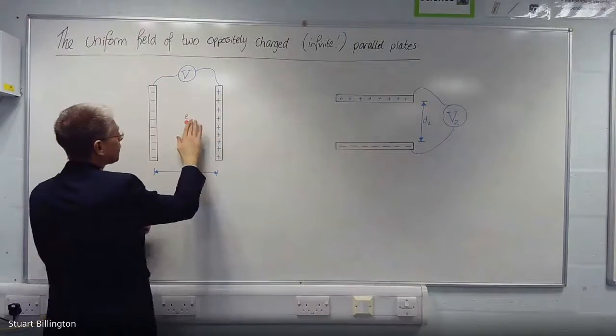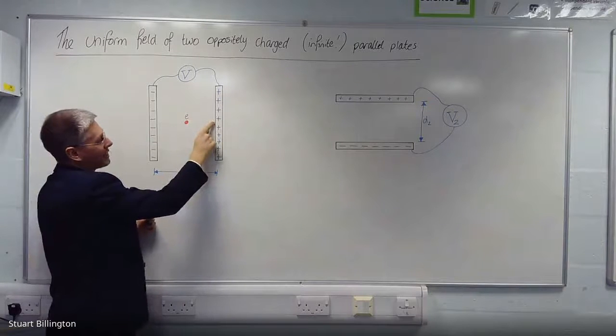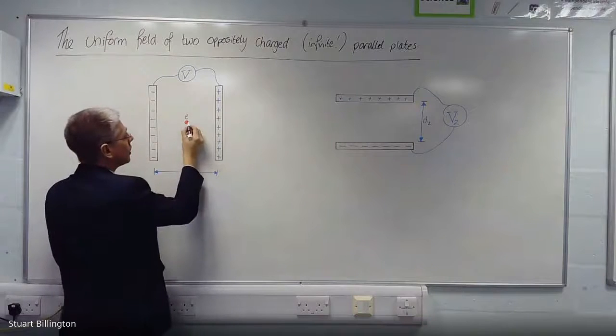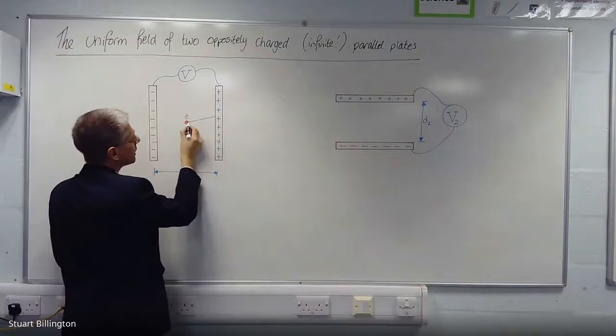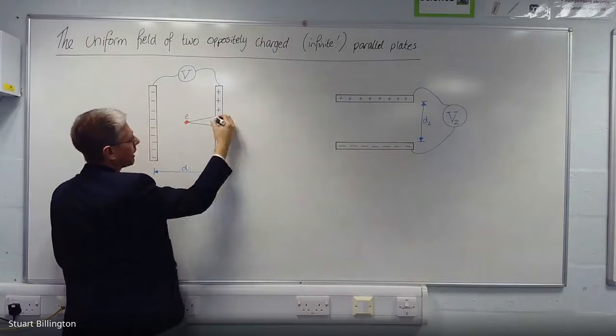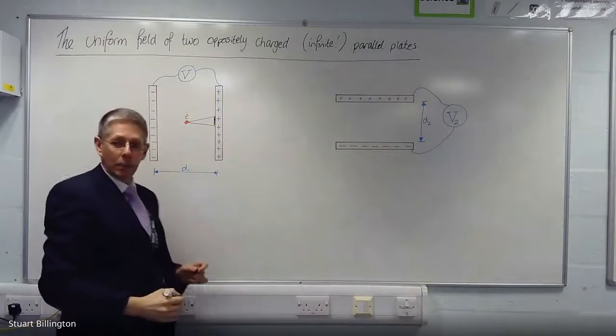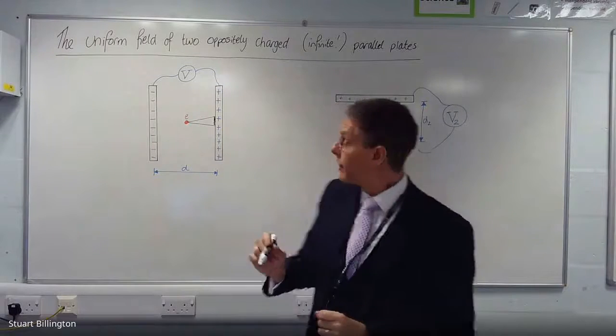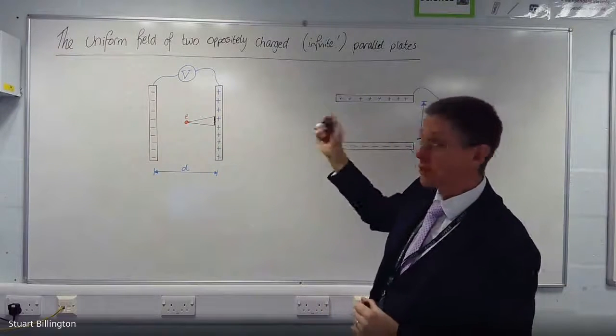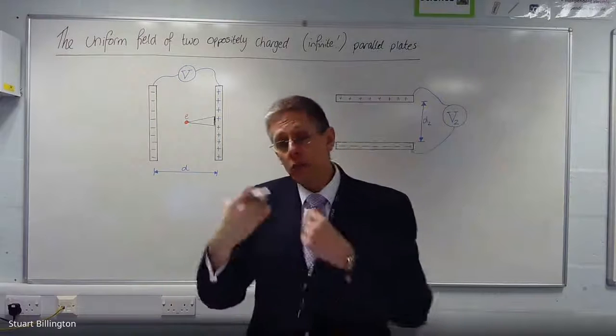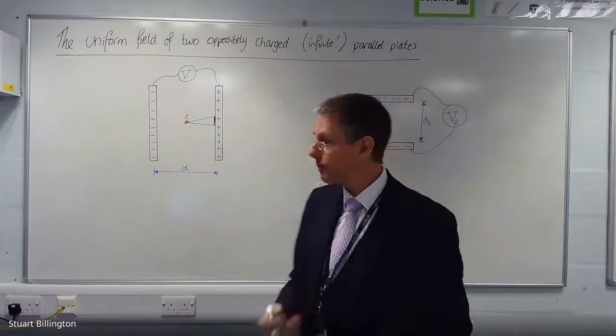So instead of asking about an individual positive charge here, what we could do is project kind of a cone from the electron, and we could just ask how many protons are in that patch of plate to attract the electron in.